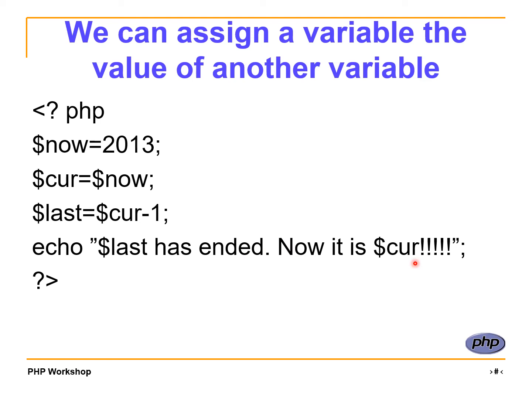So what will be the output? $last has the value 2012, so 2012 has ended. Now it is 2013, because $current has the value 2013.